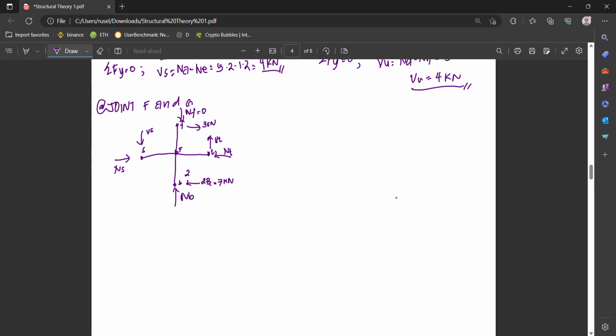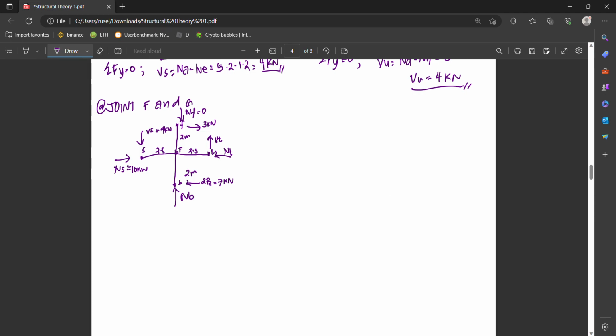This is 2 meters, this is 2.5. 2.5 is 2 meters. Okay? NS mo is equal to 10 kN, and VS mo na 4 kN. Okay? Yan lang yung mga may value tayo.